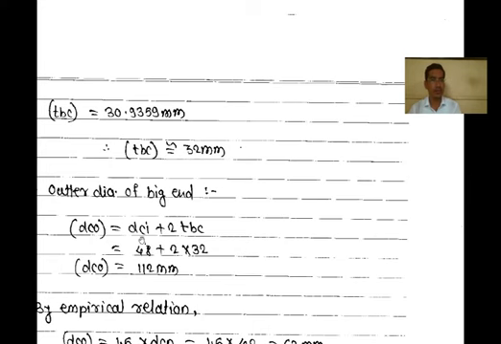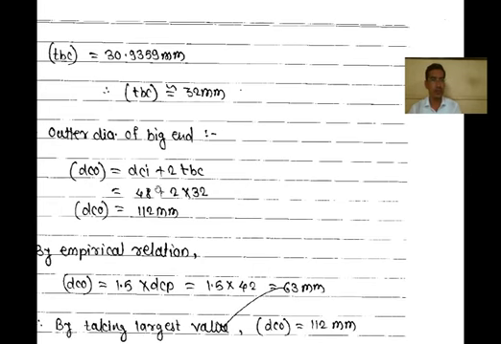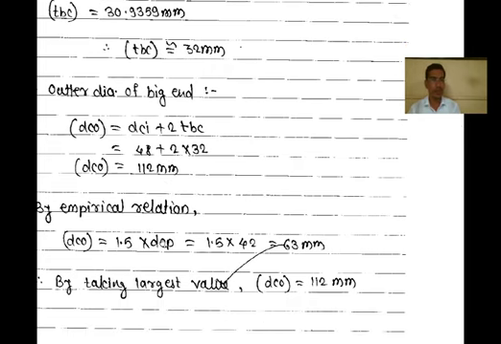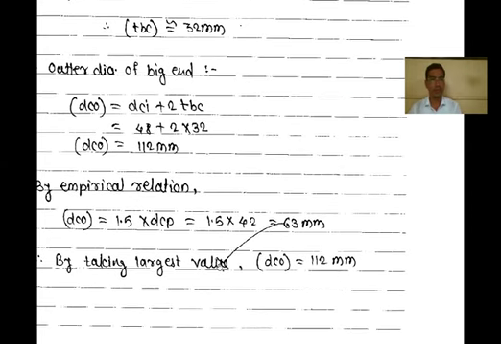Next is the outer diameter of the big end DCO. It will be equal to DCI plus 2 times TBC. So that will be equal to 112 mm. Next, by empirical relations, DCO is equal to 1.5 times DCP, so that will become 63 mm. So by taking the largest value, DCO is equal to 112 mm as it is a big end.